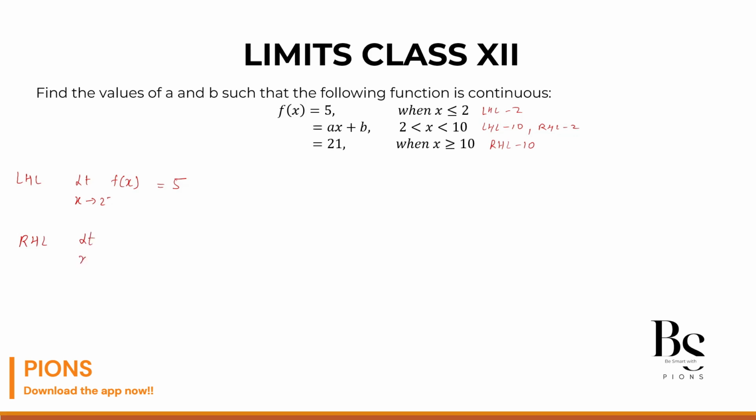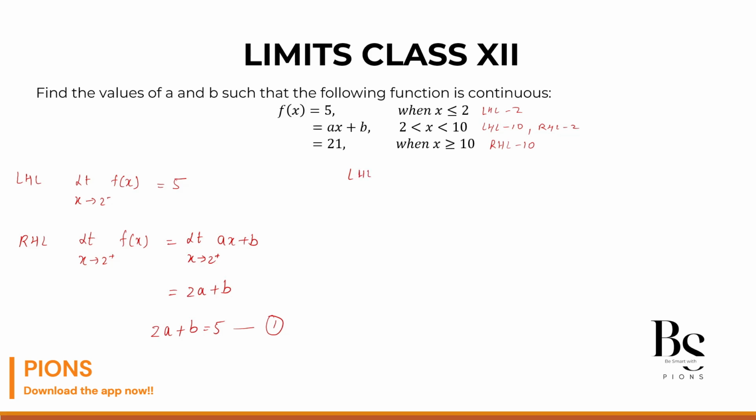So for right hand limit x tending to 2 positive f of x, that will be equal to limit x tending to 2 positive ax plus b. Now putting here x as 2, this will give you 2a plus b. Now put LHL equal to RHL. 2a plus b must be equal to 5 because the question is saying it is already continuous. So this is our equation number 1.